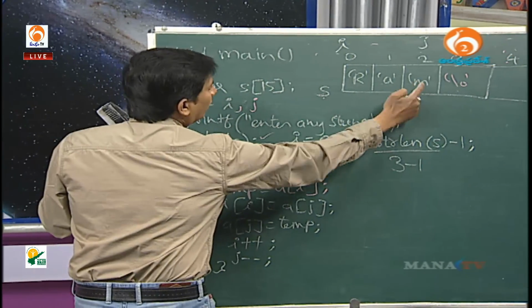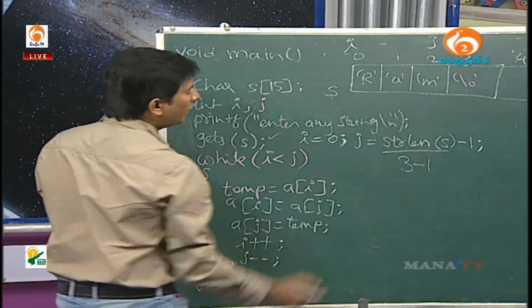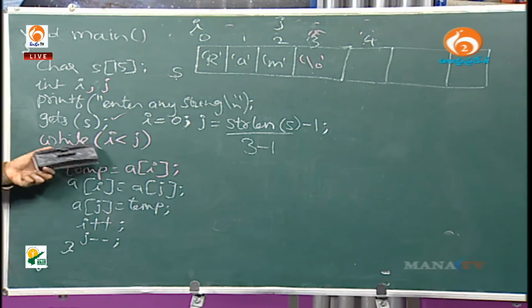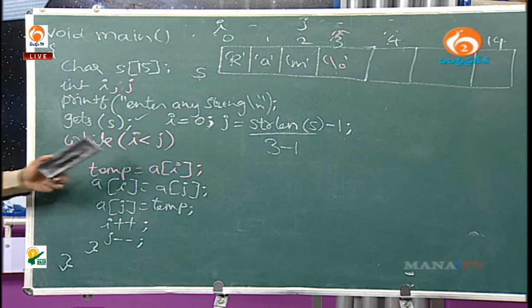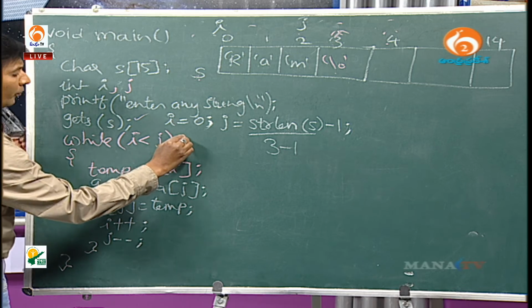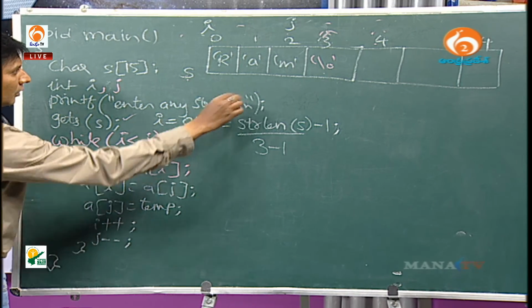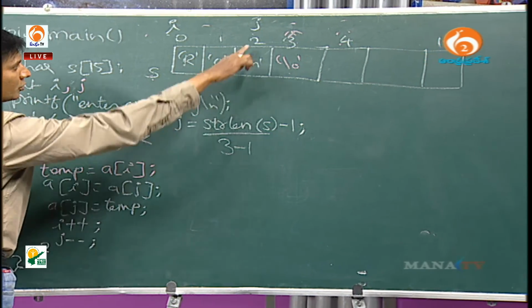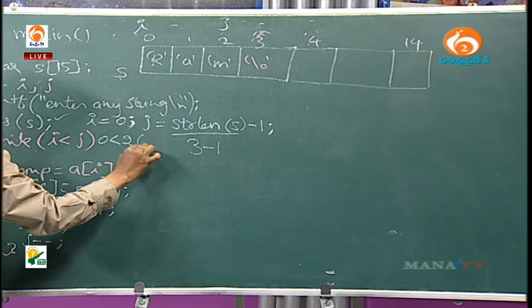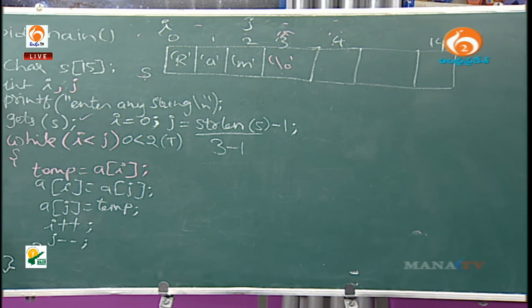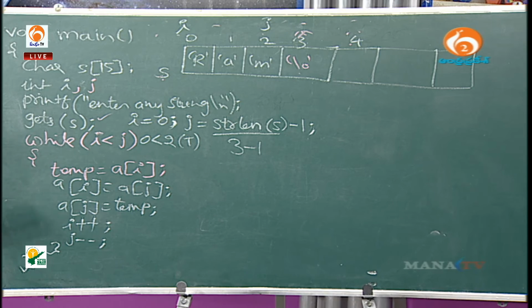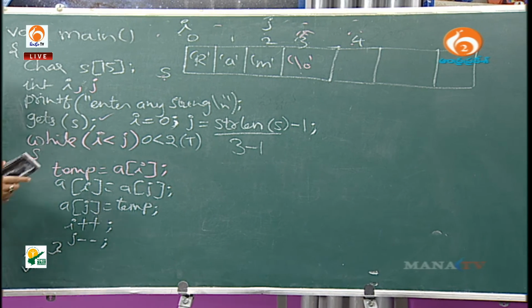So, we need to reverse this one. Okay. Next, while I less than j, I means what here? 0 less than 2, j means 2, right? Now, the swapping: swap these values means r is replaced with m.